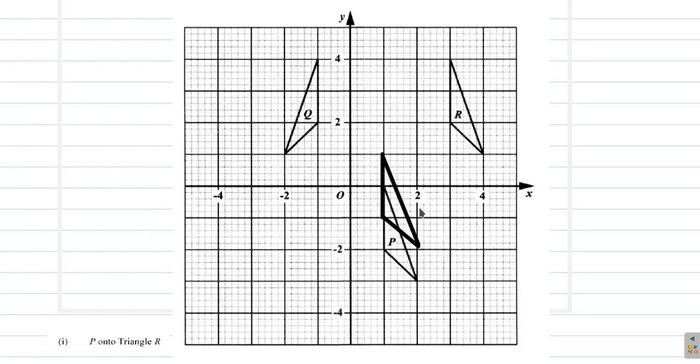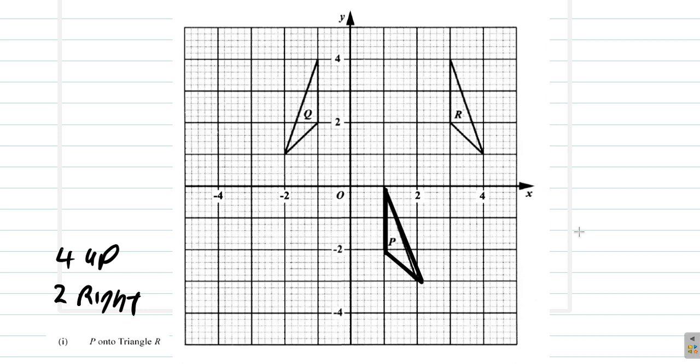If you go 1, 2, 3, 4 up, then 1, 2 to the right, you match R. So you go 4 up and 2 right.